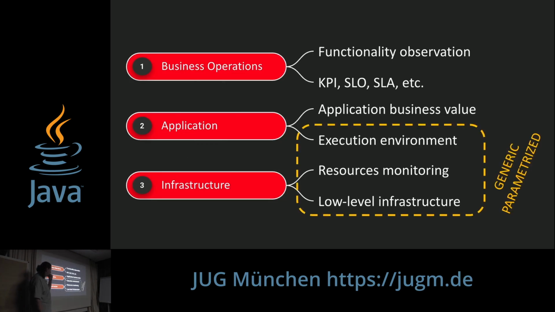And those at the bottom, those are really generic and parameterized. So low-level infrastructure, resource, execution environment. Trust me, your JVM is not different from any other JVM other teams are running, right? So you don't want to include and design the execution environment for the JVM in every single dashboard you have allocated to your service. It's not the right thing to do because it requires a lot of maintenance.